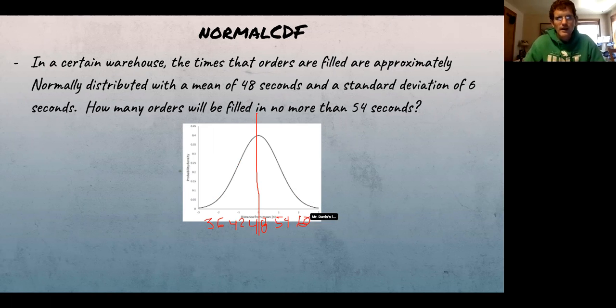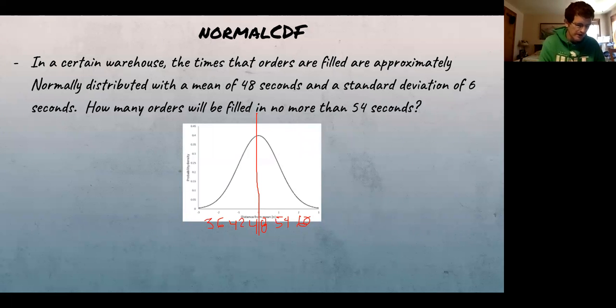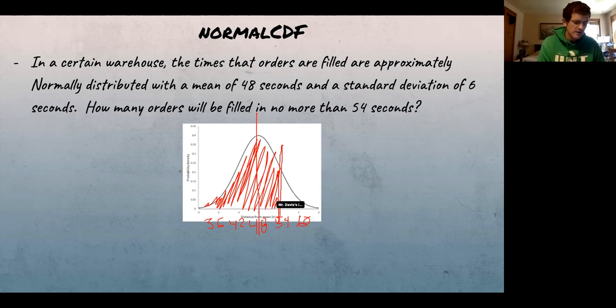Okay, so how many orders will be filled in no more than 54 seconds? Anything that takes less than 54 seconds is fine. Up to 54 seconds is fine, but no more than that. So I will put that right there, and I can see that 54 seconds happens to be my first standard deviation. But what I want to get into the habit of doing is calculating the z-score. In this case, I'll tell you the z-score is 1, but we can confirm that because my data point is 54.